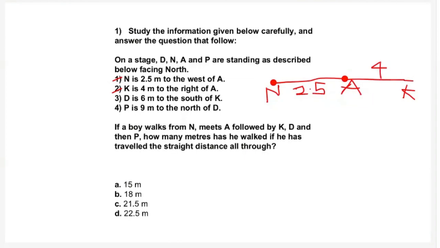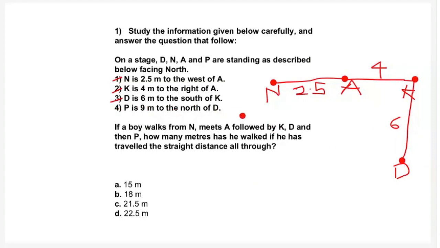We'll mark this position as K's position. D is 6 meters to the south of K. Now we'll go towards the south direction of K, that is the downward side. We'll mark this position as D's position.